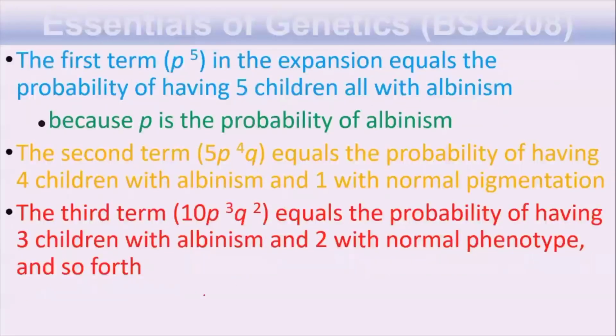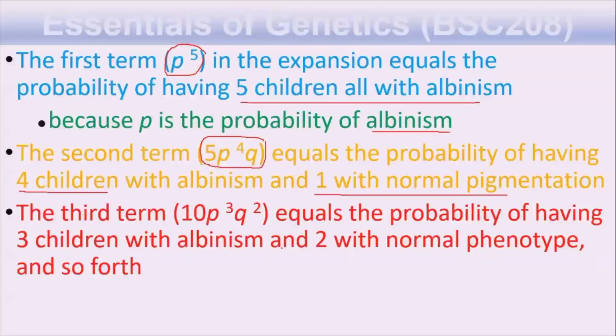So the first term, which is p raised to the power 5, equals the probability of having 5 children with albinism, because small p is the probability of albinism. The second term, 5p raised to the power 4 into q, equals the probability of having 4 children with albinism and one with normal pigmentation.